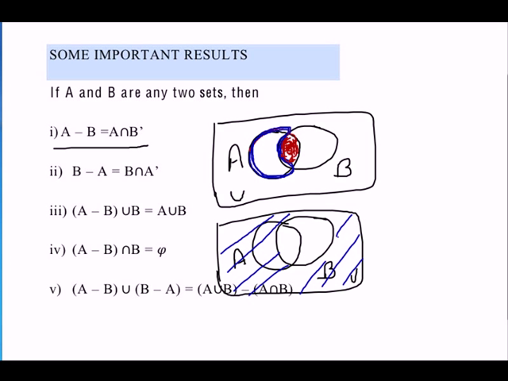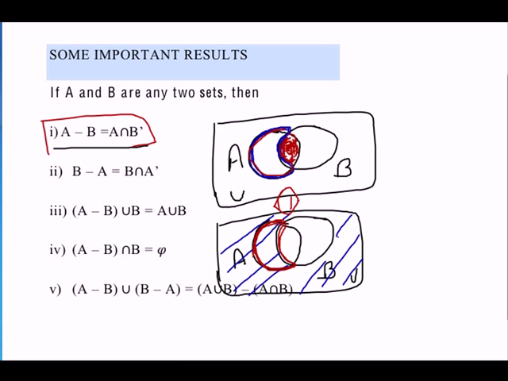So what's common between this and A? What is in A and also in the area represented by the blue lines? Essentially this is the area denoted by this line. So you can see the shape is essentially the same as we found earlier. So this is equal to this.